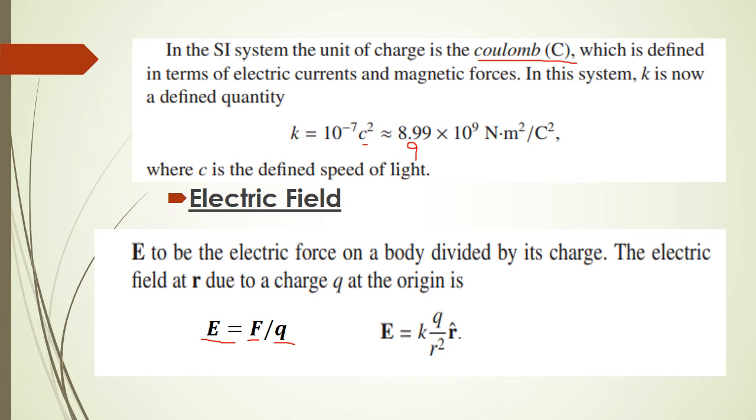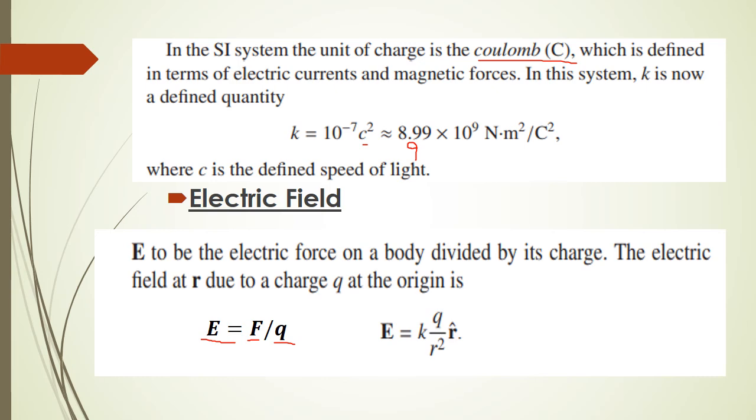The constant of proportionality k is approximately 8.99 into 10 raised to 9 newton meter square per Coulomb square, or approximately 9 into 10 raised to 9. Here c is the speed of light.